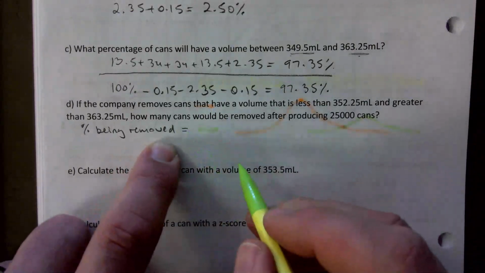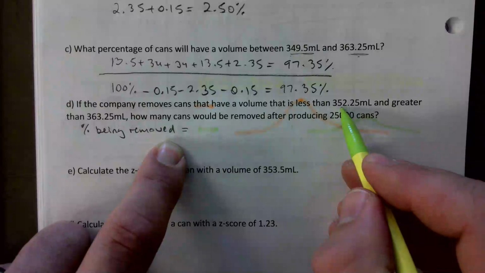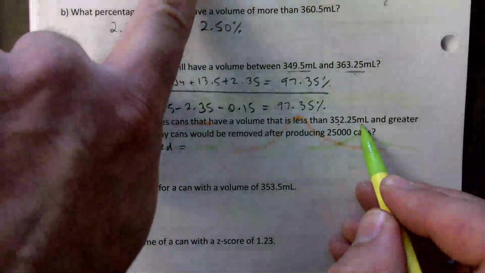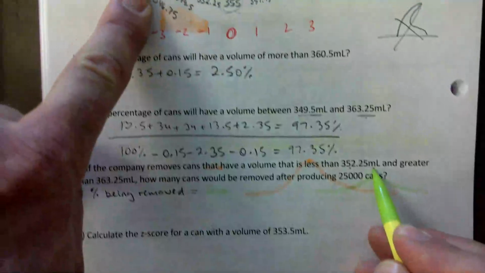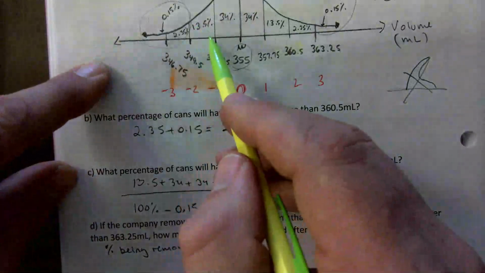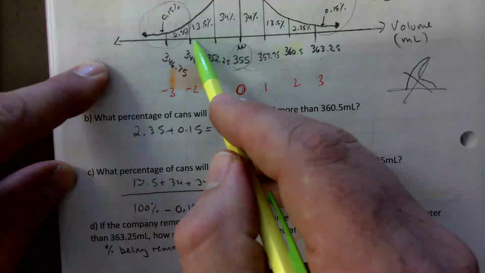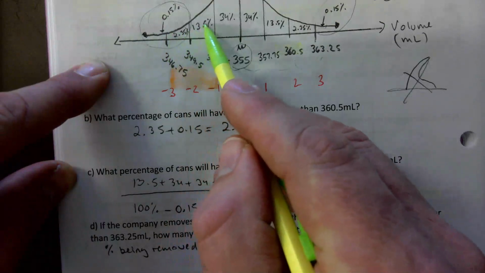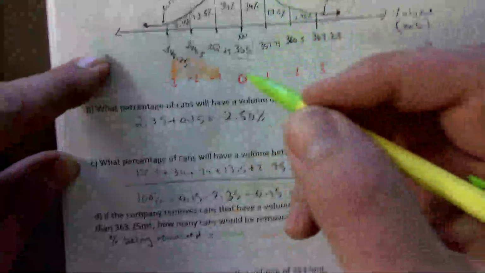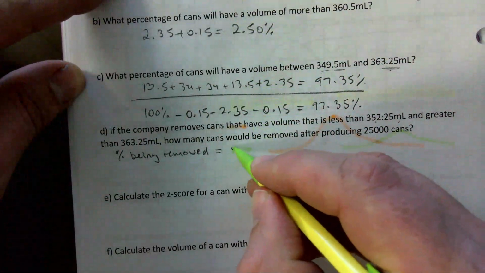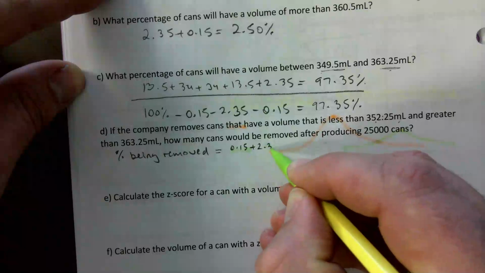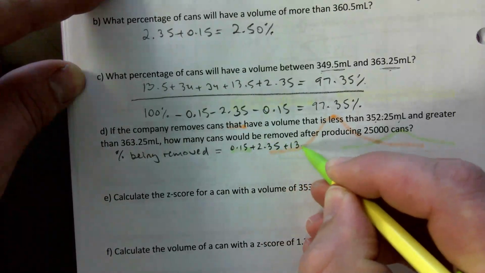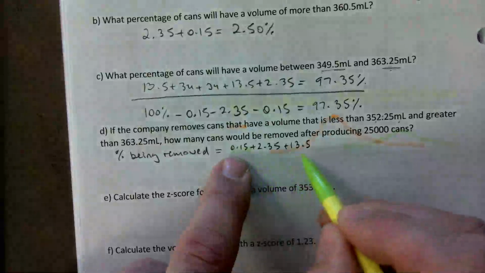Percentage being removed would be anything less than 352.25. Sorry, you can't see that, but this is the value in question. So anything less than that is removed. So we have the percentages right here. Okay, so I'm going to go 0.15 plus 2.35 plus 13.5, right? So I've removed that.